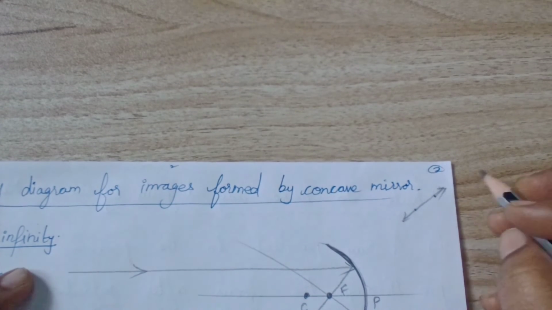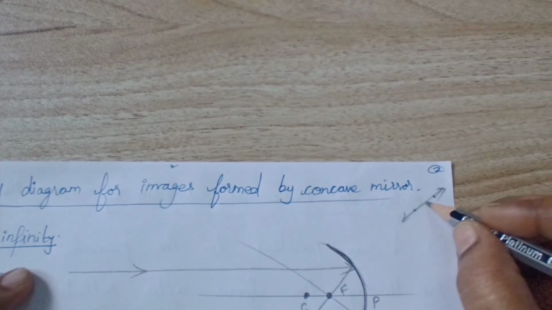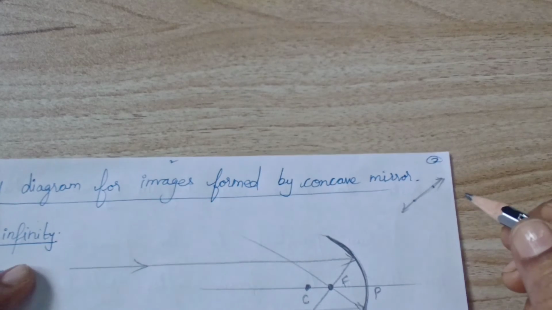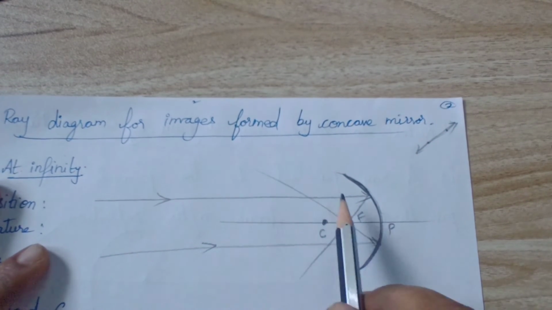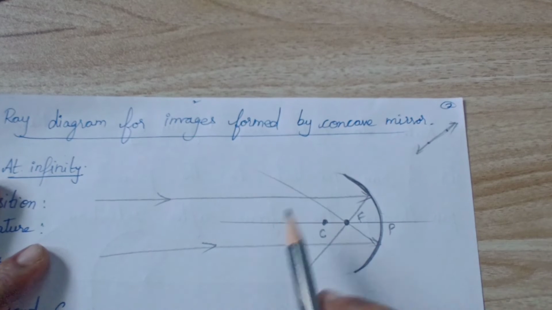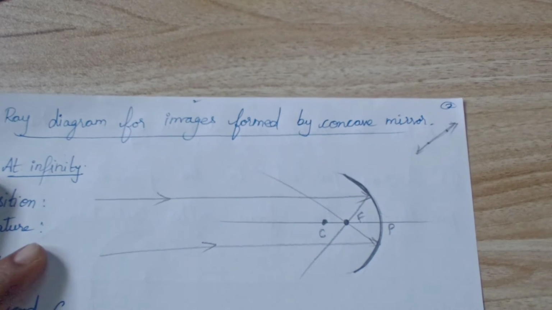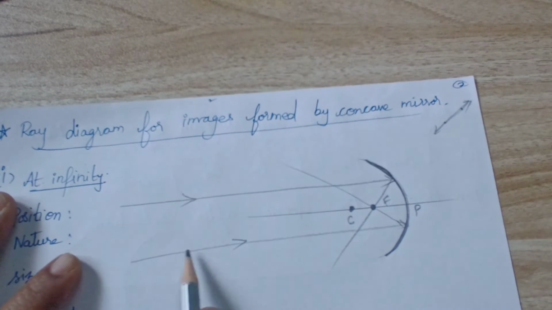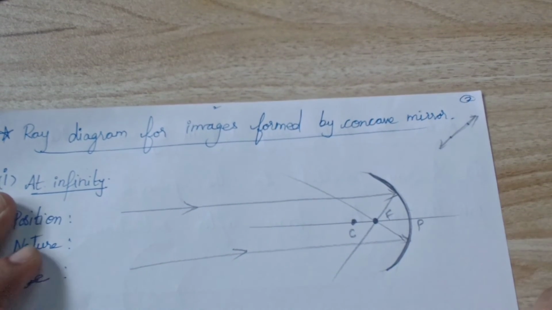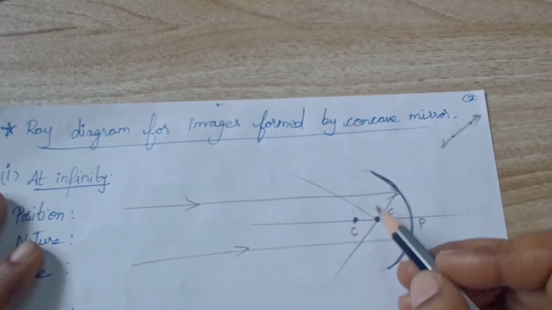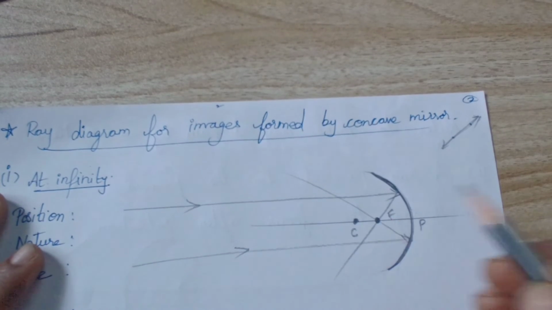Endlessly it can move in both directions, but you need 2 points to make a line. Likewise, to get the image, at least you need 2 rays. With a single ray you cannot find where the image will be or what the size of the image will be. That's why I have taken two parallel rays. Both meet at the point F.